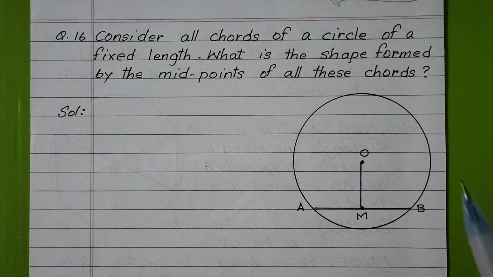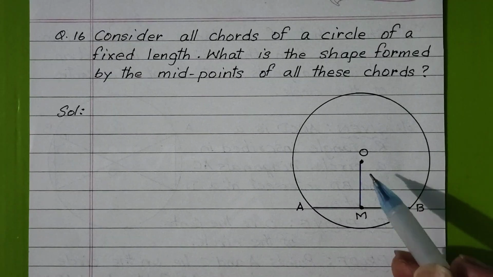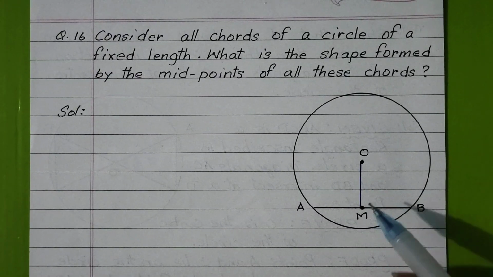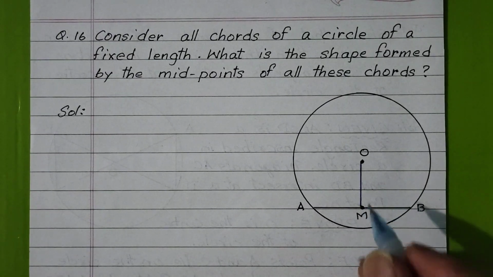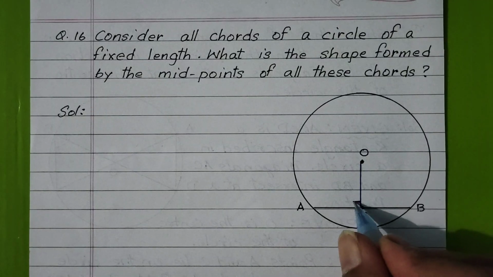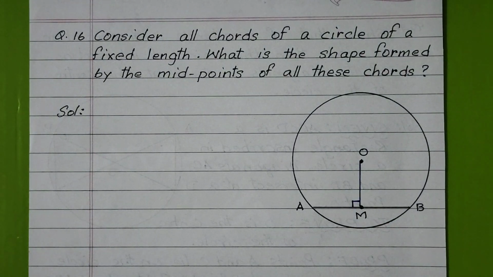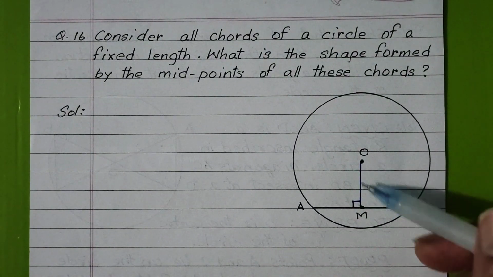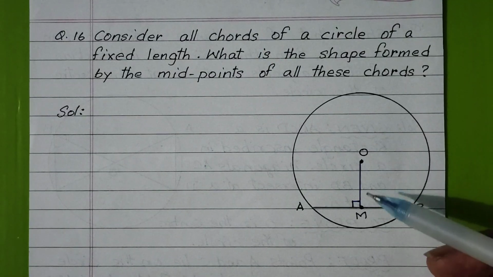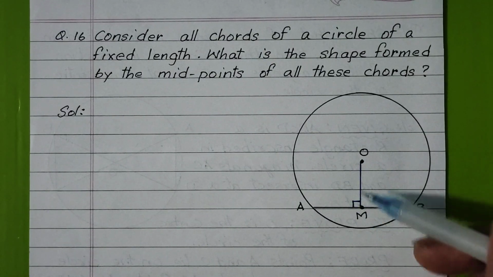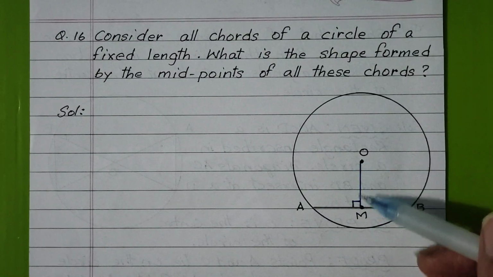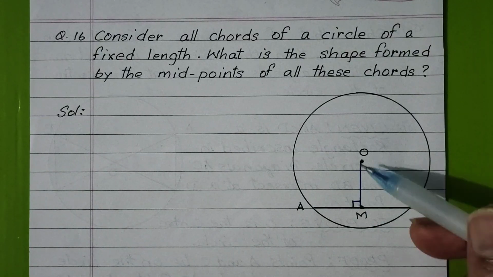We know that the line segment joining the center and the midpoint of a chord is perpendicular to the chord. So OM will be perpendicular. So now OM shows the distance of the chord from the center.